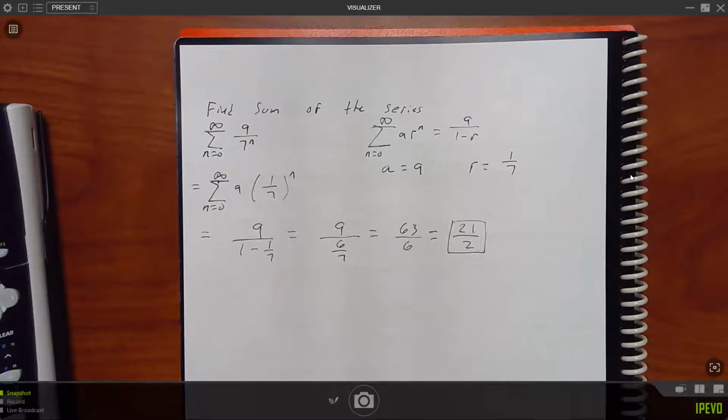They didn't ask for convergence or divergence. They just said find the sum. But it is implied that it did converge, right?